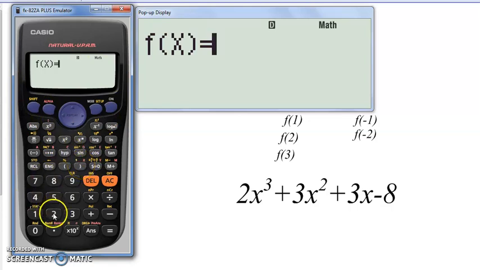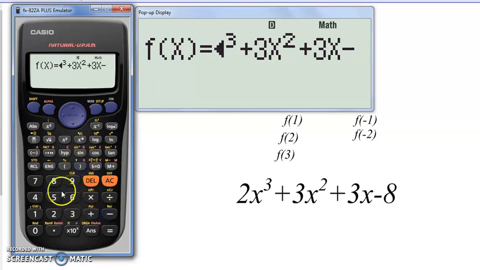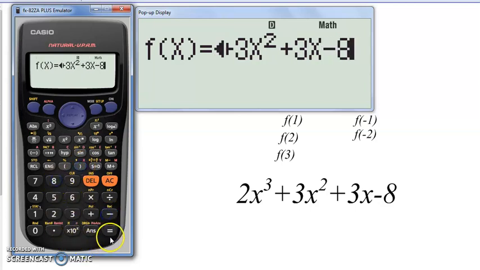So my function is 2 alpha x to the power of 3, plus 3 alpha x to the power of 2, plus 3 alpha x and minus 8. Now I have my function.